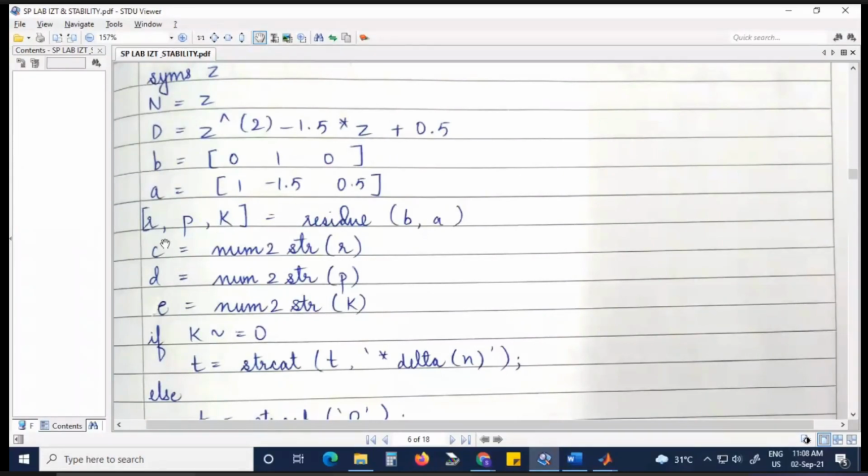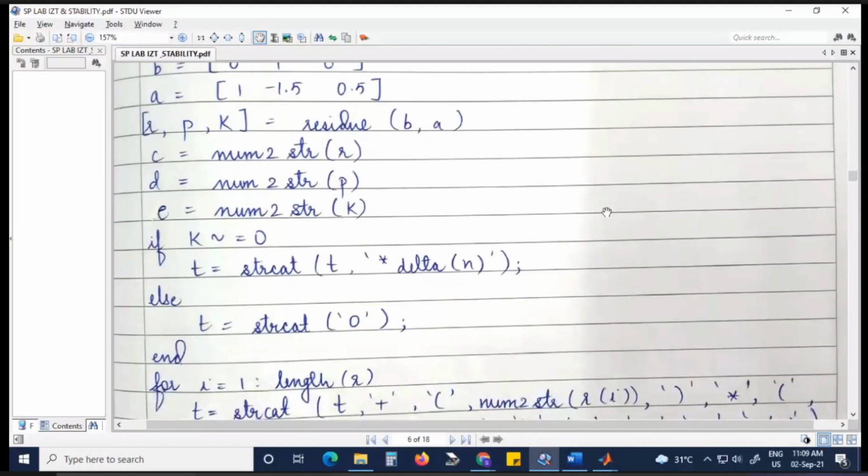What is RPK? R represents the roots, and P represents the poles.